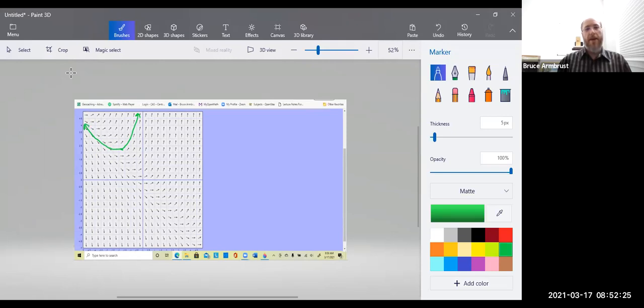So it looks like that right there is approximately the graph of the solution to the initial value problem that gave us this initial condition. So all I'm doing is following the arrows.